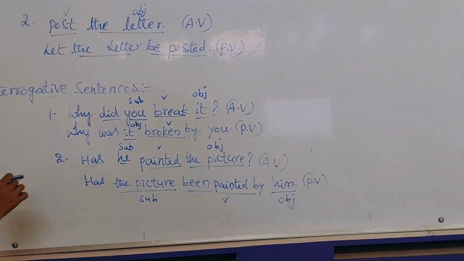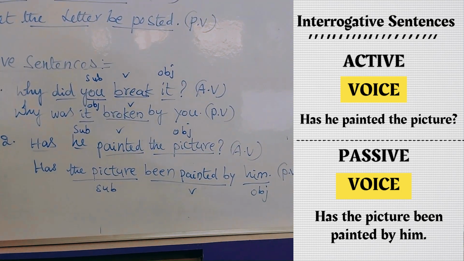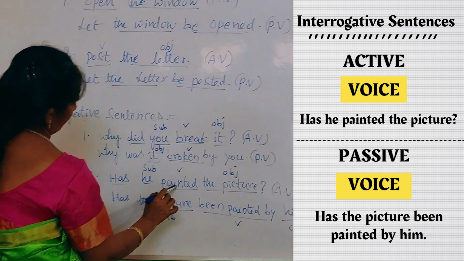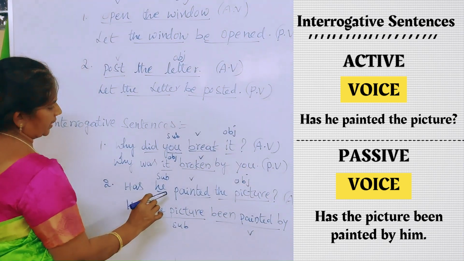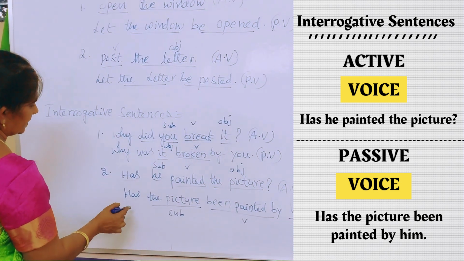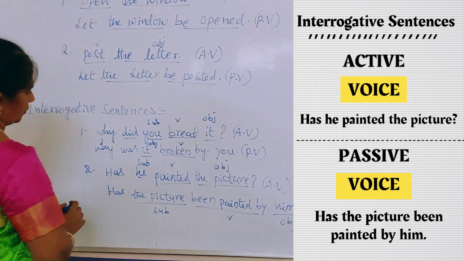And then coming to second example, has he painted the picture? This is second type of interrogative sentence. Here has plus V3, has painted is verb, and then he is subject, then the picture is object. Then if we change the sentence into passive, has the picture been painted by him is passive form here.